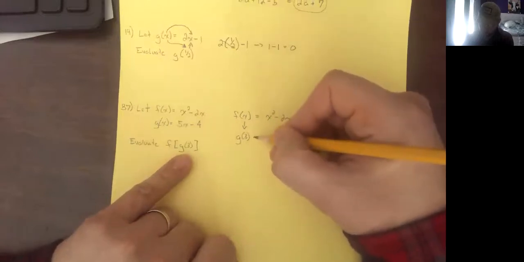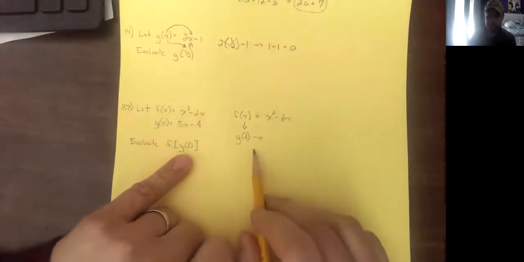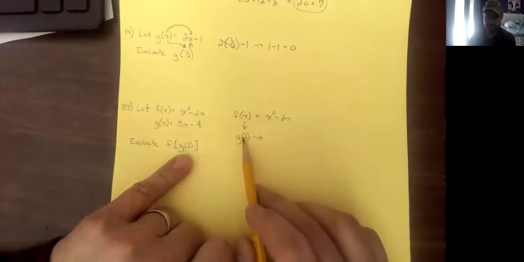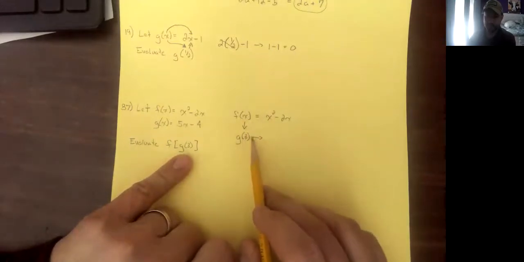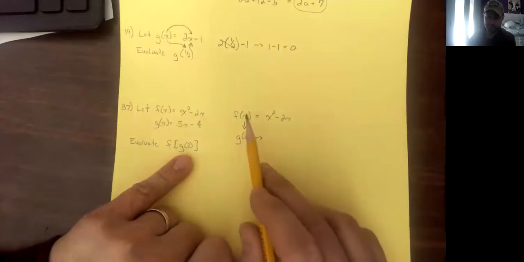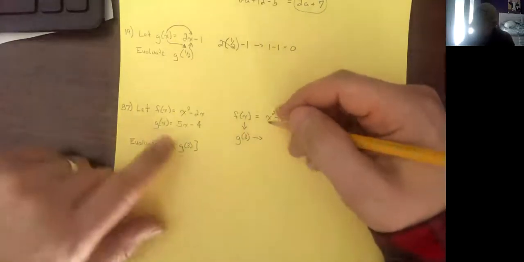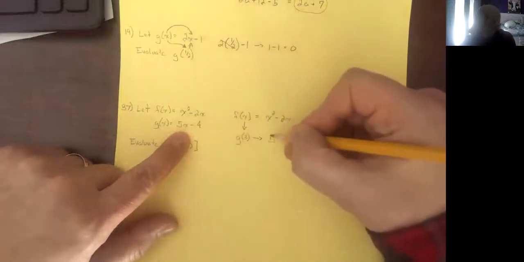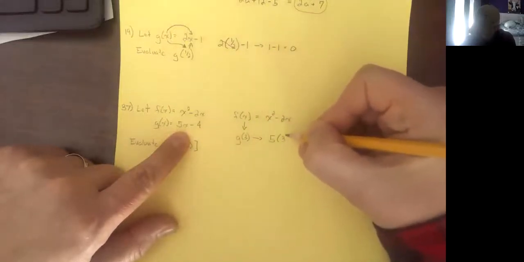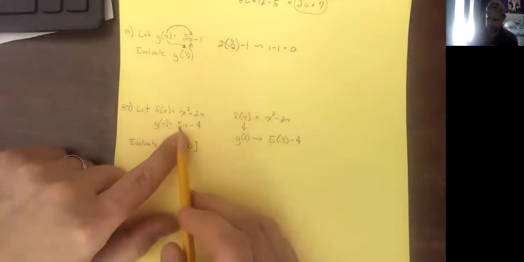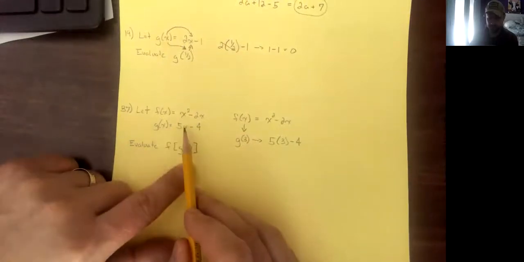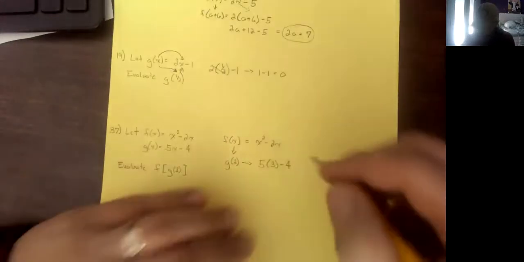Well, I have to figure out what g of 3 is first. Then I can plug that in. So g of 3, I don't know. I have to solve it. Once I solve it, then I plug it in for x. So g of x is 5x minus 4. If g of x is 5x minus 4, g of 3 is 5 times 3 minus 4.